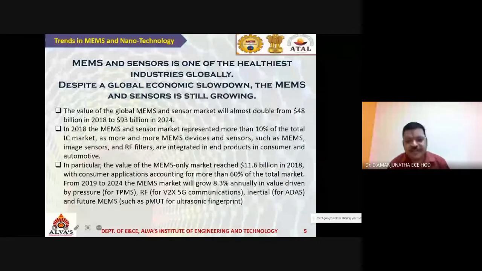In particular, the value of the MEMS-only market reached 11.6 billion dollars in 2018, with consumer applications accounting for more than 60% of the total market. From 2019 to 2024, the MEMS market will grow 8.3% annually in value, driven by pressure, RF, inertial and future MEMS. So this is the actual market of MEMS.